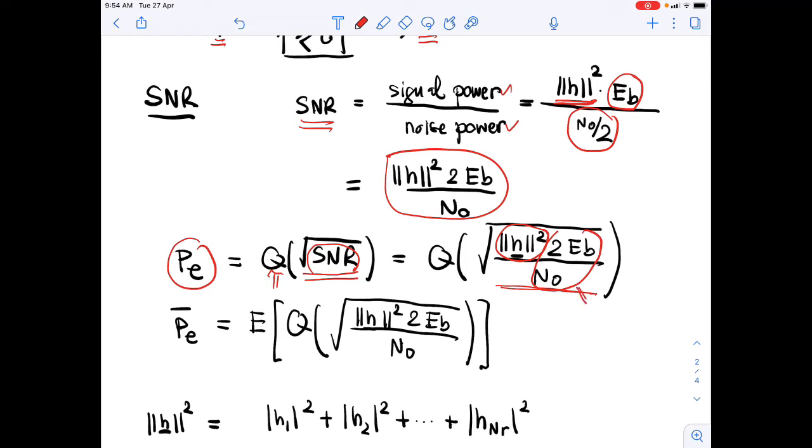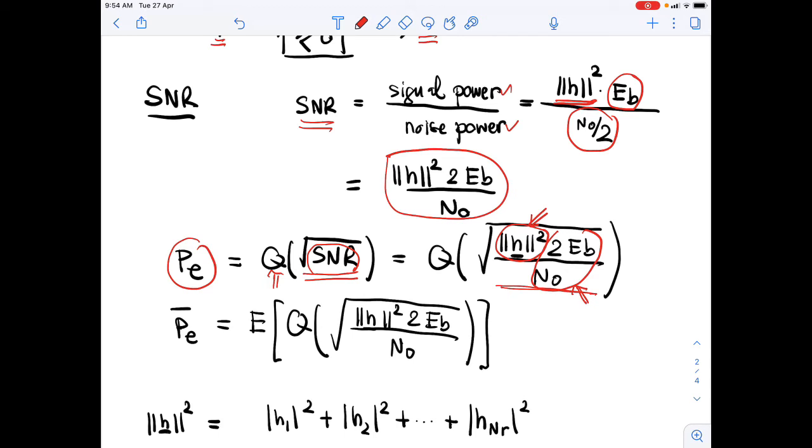This is very familiar to you, right? Because that's the bit error rate performance of additive white Gaussian noise. So the extra is this. This is going to make the signal to noise ratio very small.